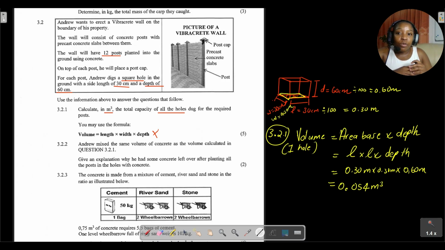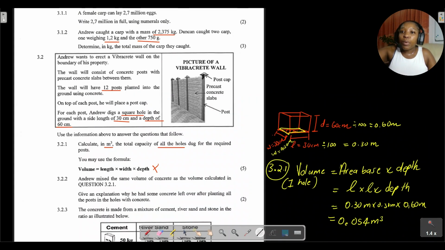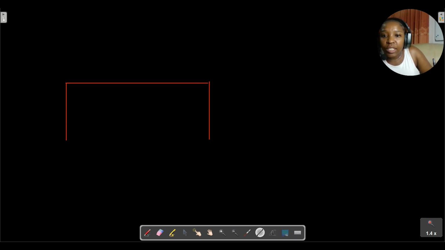So now we need to basically determine this. If he wants to put up 12 posts, how many holes will he need? Remember, he's putting up all these posts around his property, right? So to help me better understand what's happening here, I just wanted to draw the area of his property. This is basically his property, right? And he wants to put up 12 posts, né? So if he wants to put up 12 posts, what does this mean?